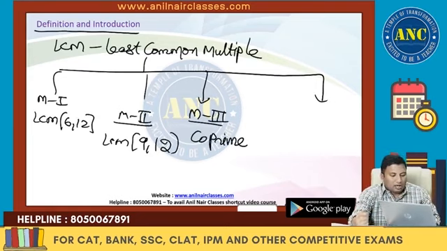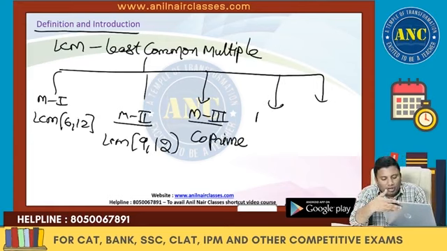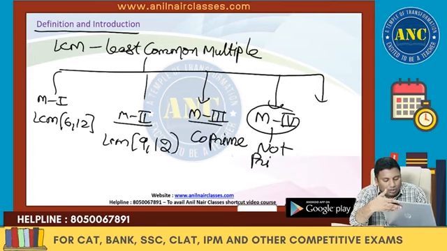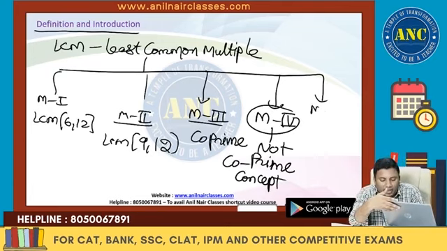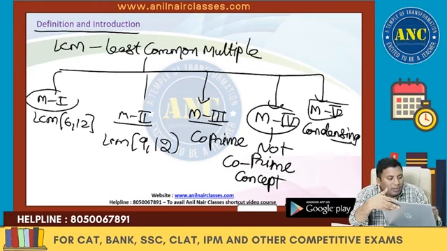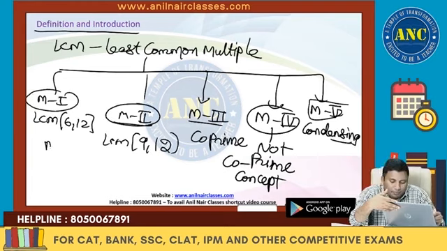Method 4, not a co-prime concept. Method 5, condensing method, which is derived from method 1 and method 2.